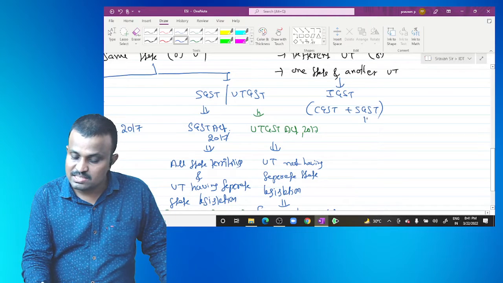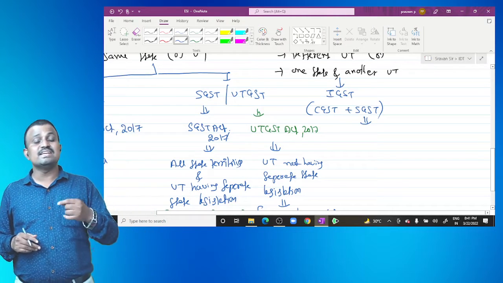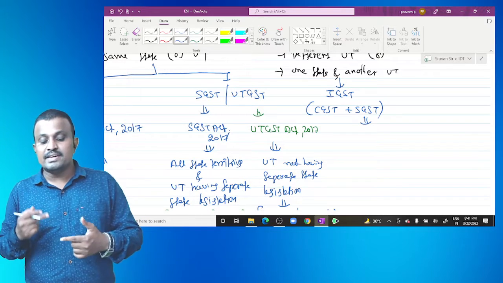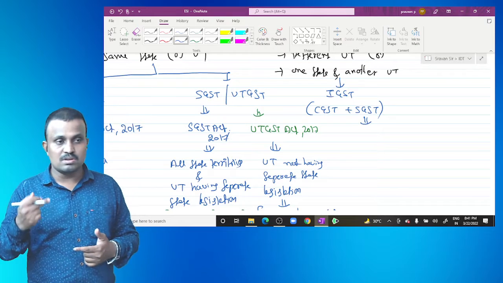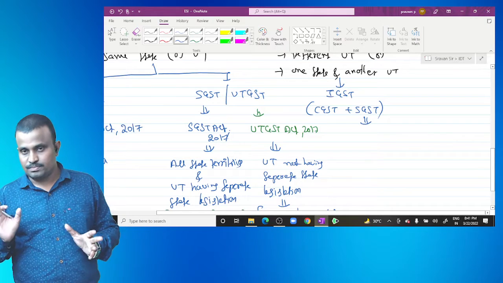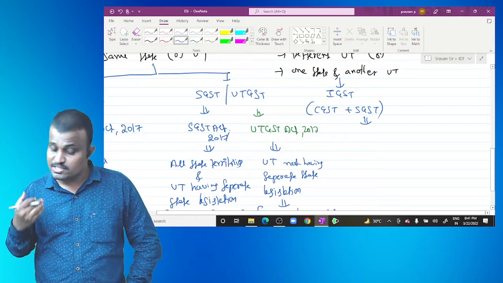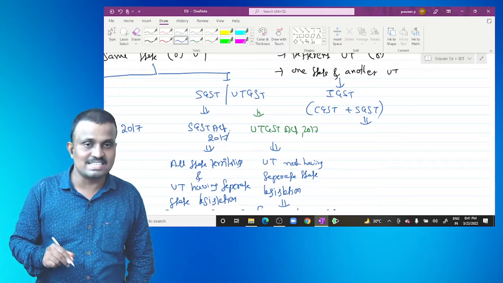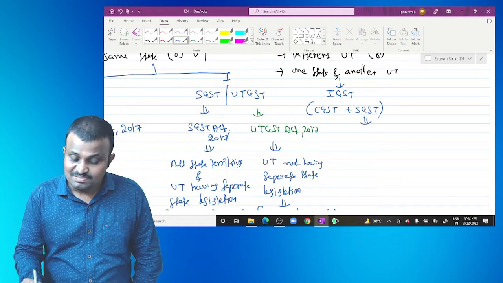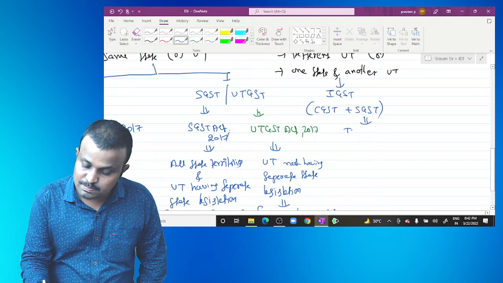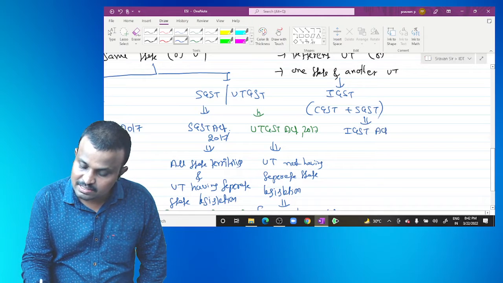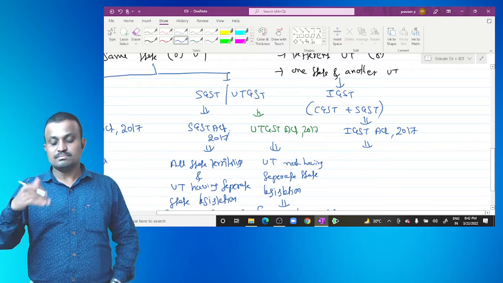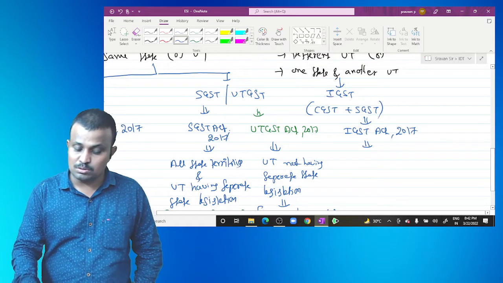Then coming to the IGST. IGST is nothing but Integrated Goods and Service Tax. It is levied on interstate supply of goods or services or both. IGST contains two components: one is CGST and the other is what? SGST. It is levied as per the IGST Act 2017.